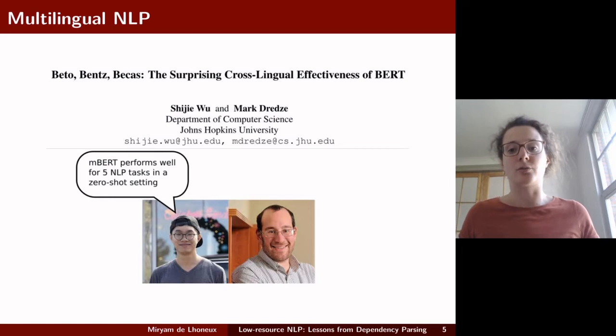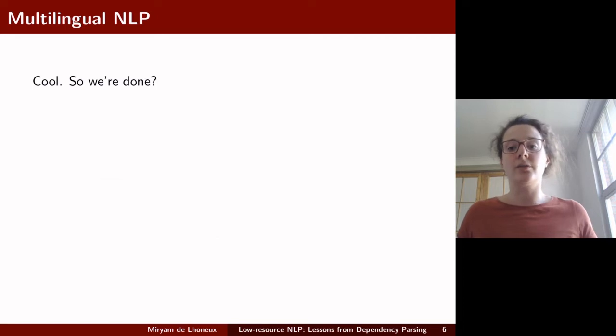And this model has shown surprisingly good performance on a lot of NLP tasks in spite of the lack of cross-lingual supervision, which seems to indicate that it is learning some aspect of multilinguality without needing the supervision, which also can give us an impression that multilingual NLP is solved.